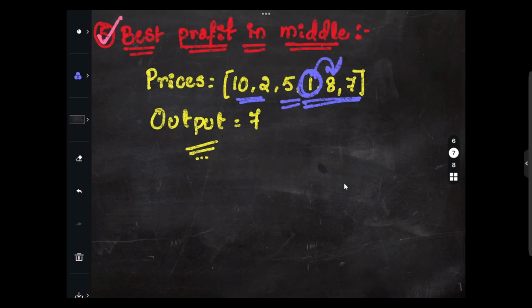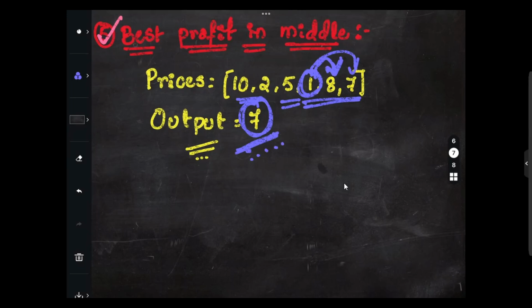We should consider the days after we bought the stock. We have discussed this one several times. Here the next value is 8. If you consider 7 as well, the profit will be lesser, right? So we will sell this one at 8 basically. So 8 minus 1 is 7. The profit that we got here is 7 in this case.